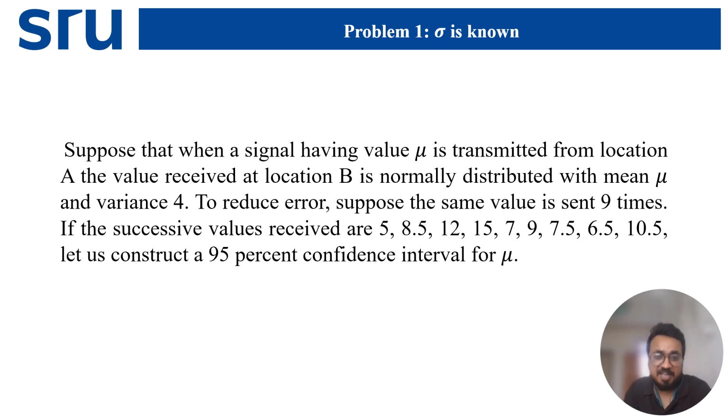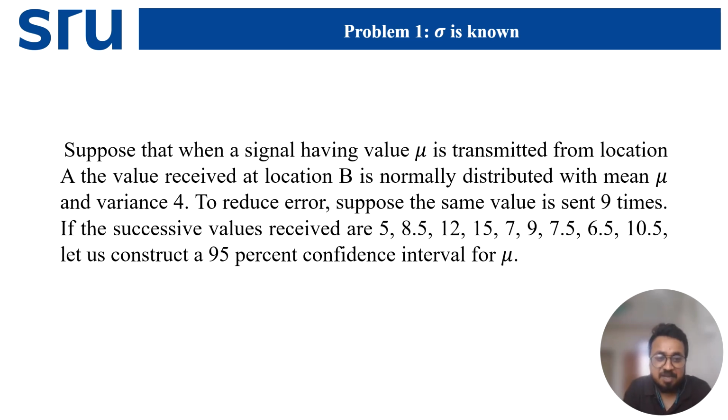To reduce error, suppose the same value is sent 9 times. If the successive values received are 5, 8.5, 12, 15, 7, 9, 7.5, 6.5, 10.5, let us construct a 95% confidence interval for mu.